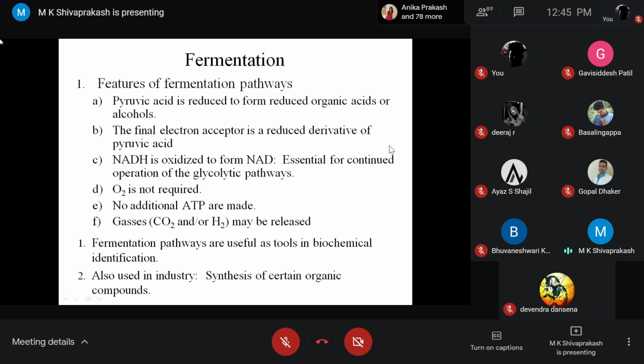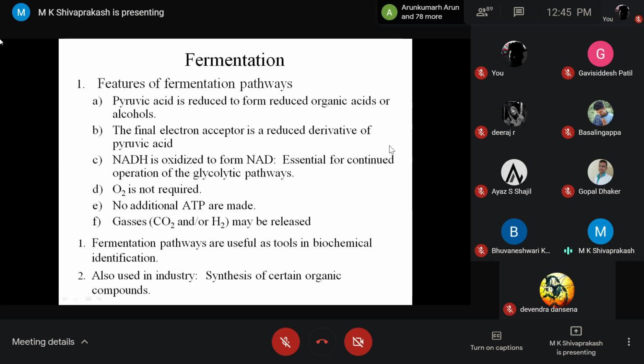Glycolysis, by definition, is the partial oxidation of glucose to produce two molecules of pyruvic acid, a three carbon compound, releasing a small amount of energy in the form of two ATPs and a reduced coupling agent, that is NADH.